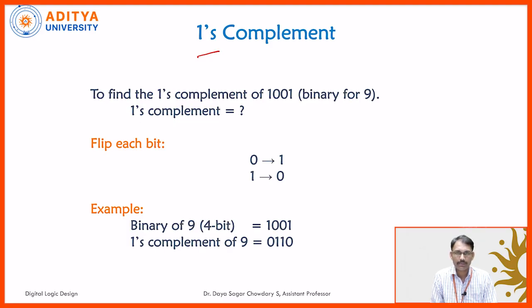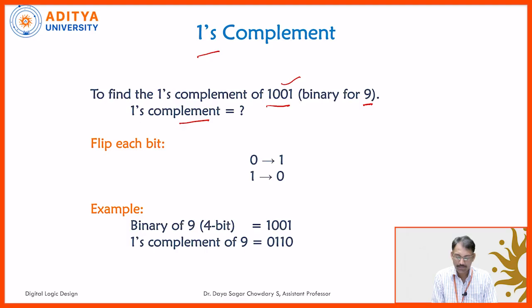So 1's complement representation, let us take one example. 1001, this is the binary equivalent of 9 in decimal. Now the ones complement is very simple. If we flip 0 to 1 and 1 to 0, that is the representation of the ones complement for that particular binary number.